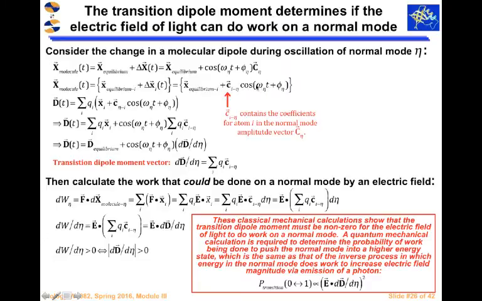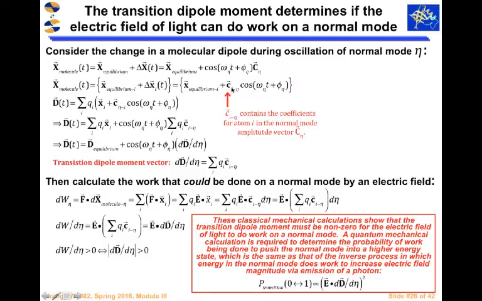So this cosine term describes the progression of the simultaneous in-phase or out-of-phase motion of all of the atoms along the trajectory of the normal mode. This cosine term is effectively a normal mode coordinate, and this coefficient is effectively the relative amplitude of the motion of a given atom along the normal coordinate.